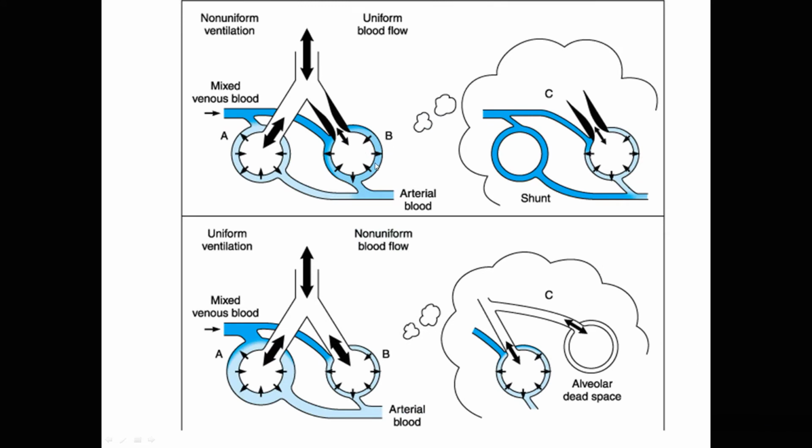Here the most common cases of ventilation to perfusion mismatch are presented. For example, obstructive disorders decreasing the ventilation, non-uniform ventilation, to a section of the respiratory system. This is presented here. Bronchitis and asthma are examples of obstructive processes interfering with the ventilation to perfusion ratio.